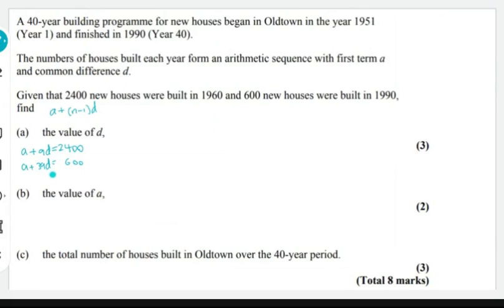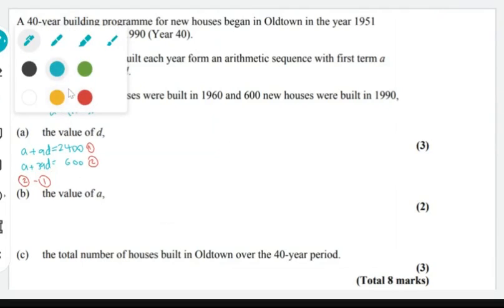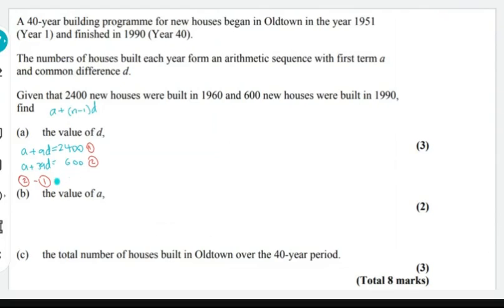If I call this 1 and this 2, and do 2 take away 1, I end up with 600 take away 2,400 is minus 1,800. If I do 39 take away 9, I get 30d. And then the a's cancel. So that means d is equal to minus 1,800 over 30, which equals minus 60.